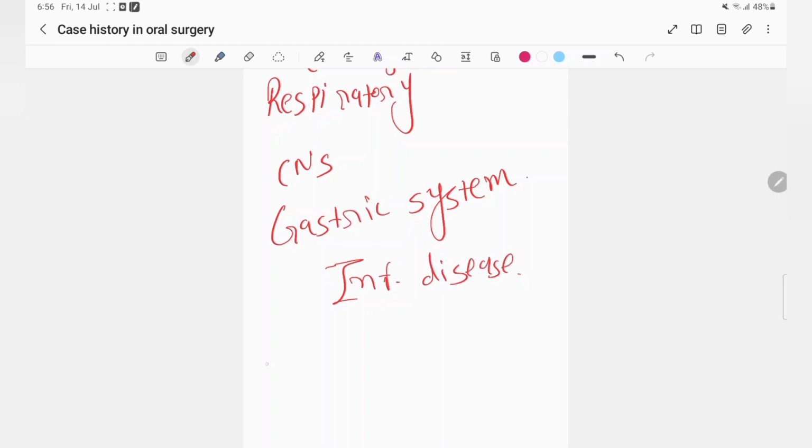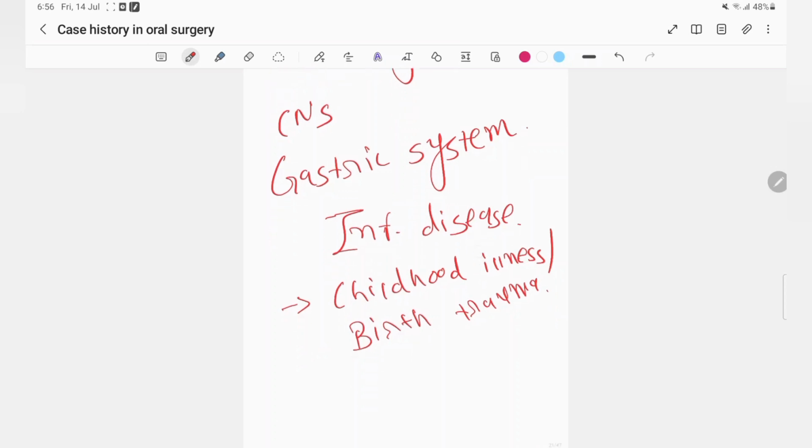Then you have to record any childhood illness or birth trauma history. Then you have to ask the patient for details of previous hospitalization. Then any past or present history of any drugs. Are you taking any drug right now?